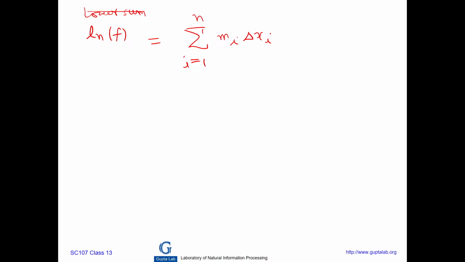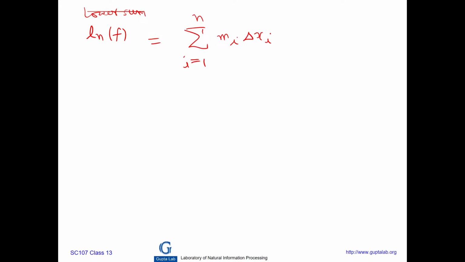Similarly the upper sum. And I can define Sn of f, summation i equals 1 to n of f of xi.